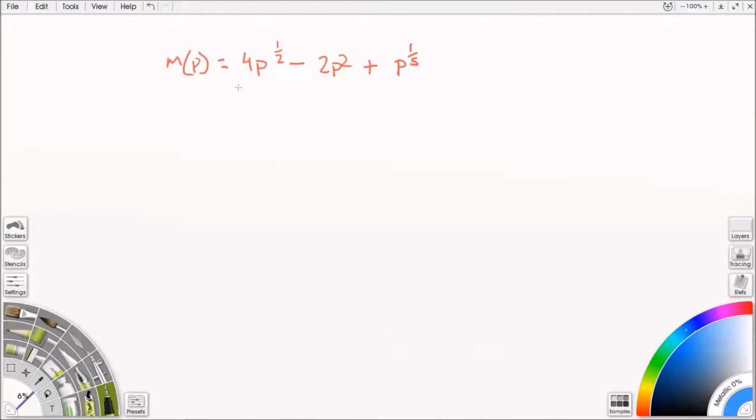So as we can see, we've got three terms here. We're just going to start with the first one. Let's write this out as if it is an integral.